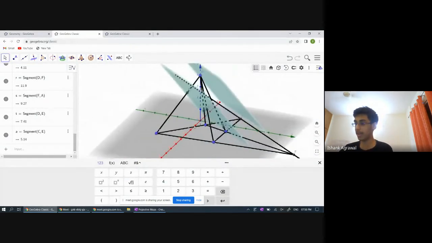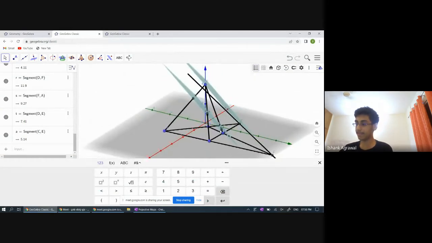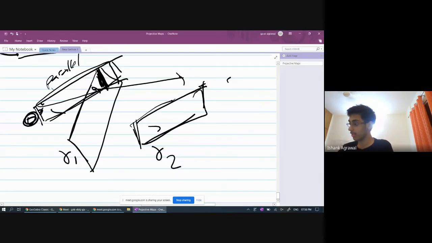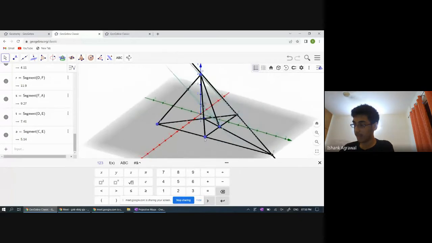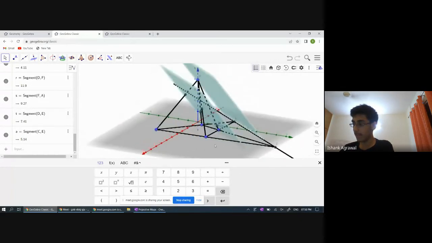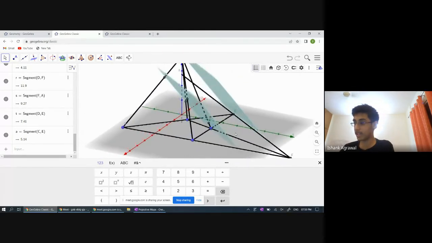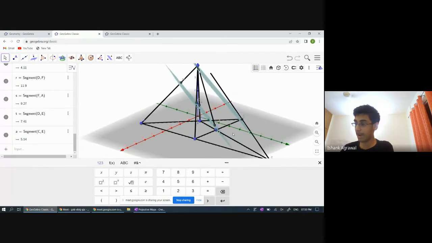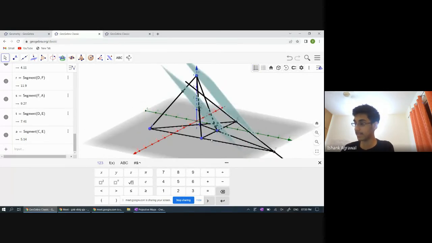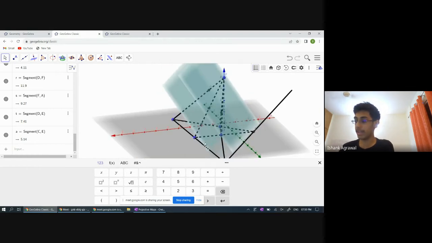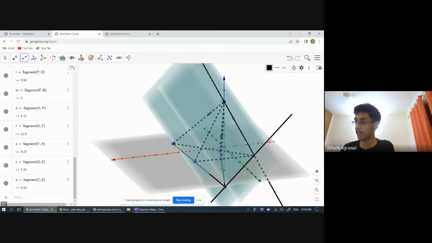And I'll show you how. So now here what I have is 4 points A, B, C, D. I have EF. If I take a plane that is parallel to this EF line going through P, then the image of E would not exist, because the image of E would be the intersection of this line PE with this other plane.